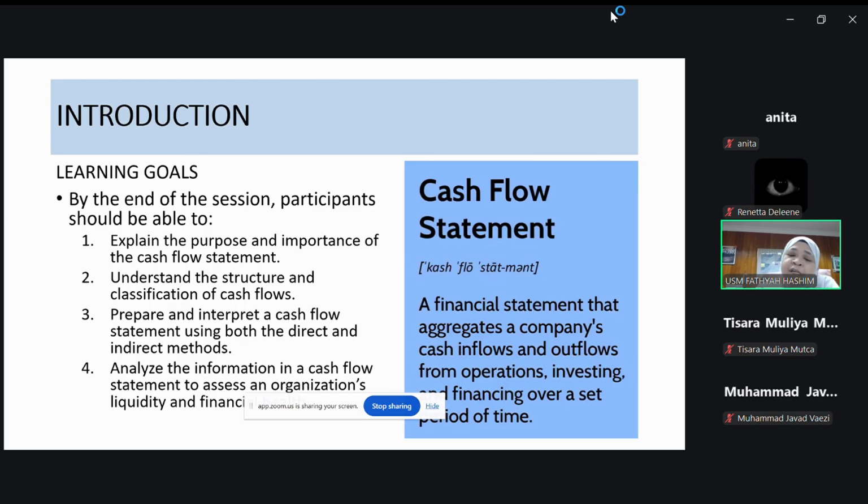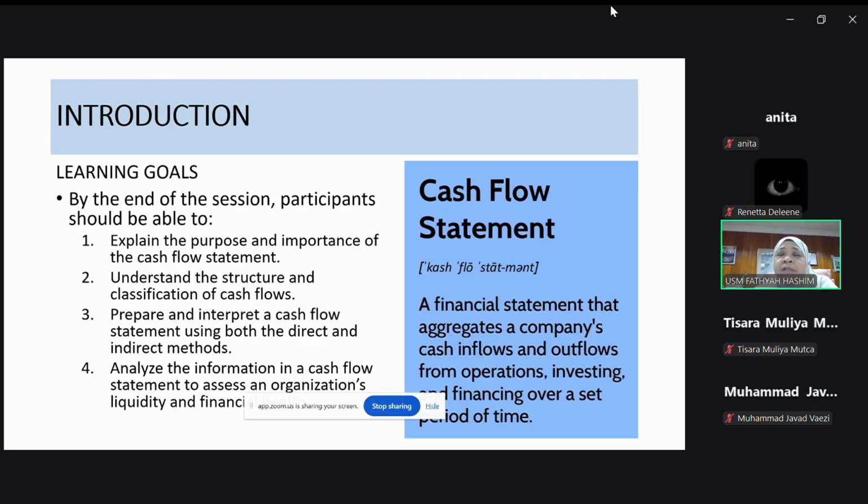The preparation is a very minor part, where we're going to briefly touch on the indirect method of preparation, and also the interpretation of the cash flow statement, and finally to analyze the information in a cash flow statement in assessing the organization's liquidity and financial position.